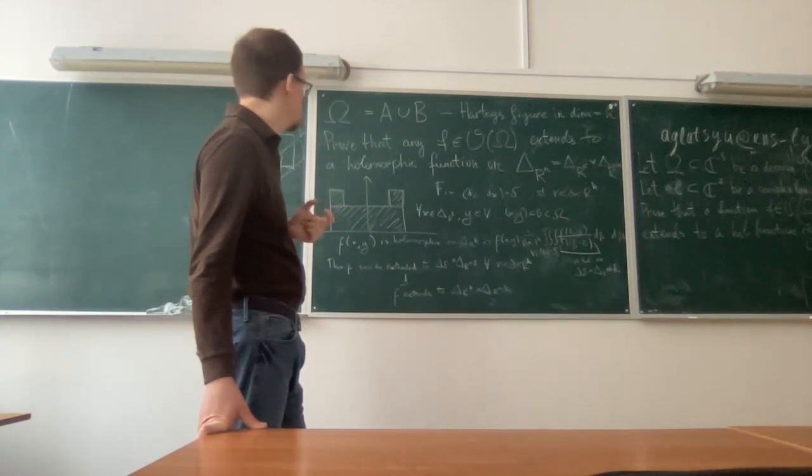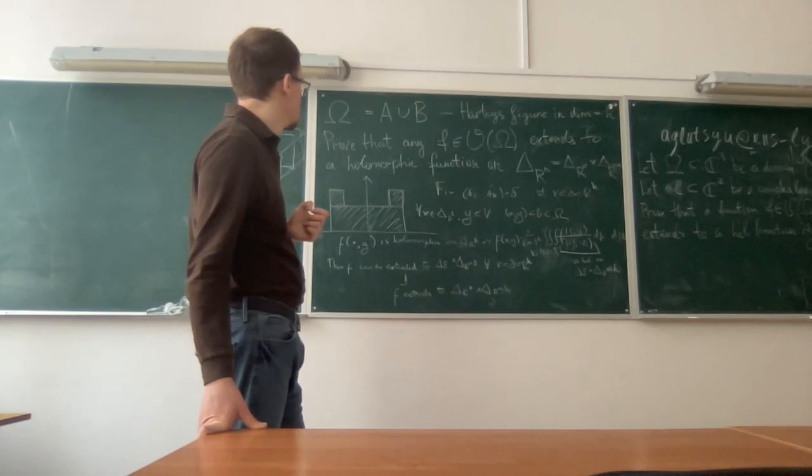And V just doesn't intersect with the line, with this Z2 equal to 0.